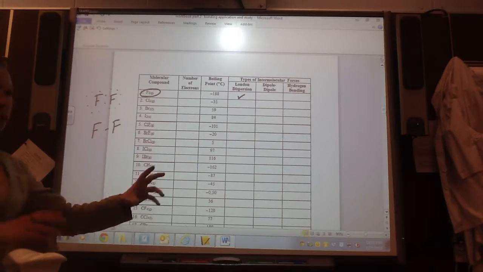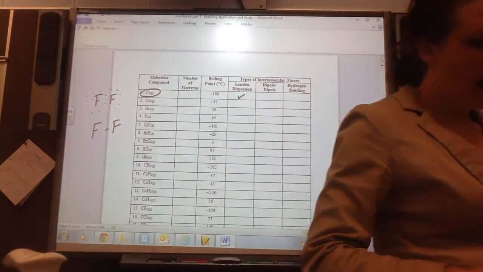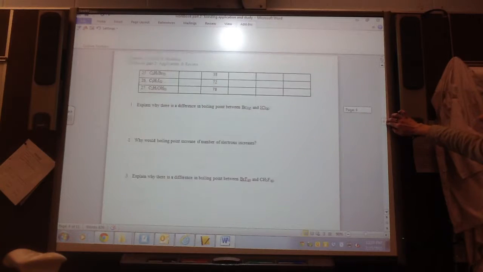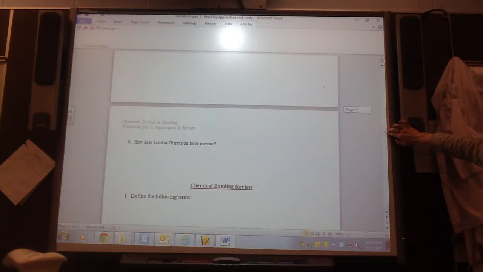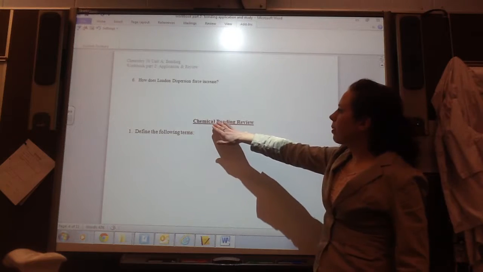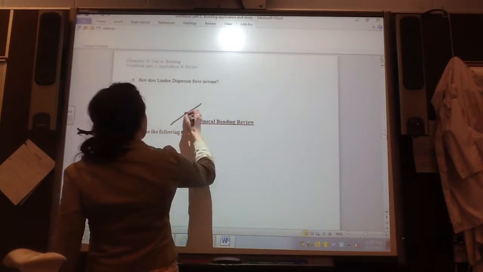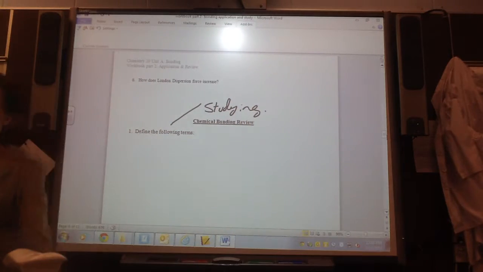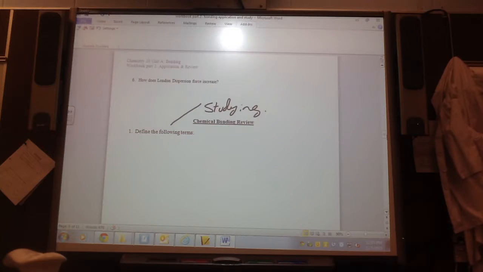So this assignment, pages 1 to 5, I think it is, of your new workbook. I didn't number it, but here, and then this part. Where it starts at chemical bonding review, that's studying, getting ready for our unit exam. So up to the chemical bonding review is homework for Monday. It seems like a lot of pages, but it's just looking through patterns, right?